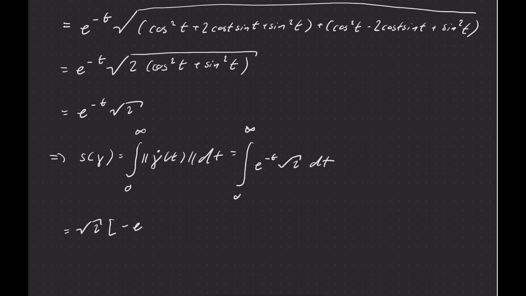That is minus e to the minus t from 0 to infinity. So what we get here is, well, upper bound e to the minus infinity, that's 0, minus 0. And then we have minus e to the minus 0, so it's plus e to the minus 0, that's 1. So what we get in the end is a length of square root of 2.